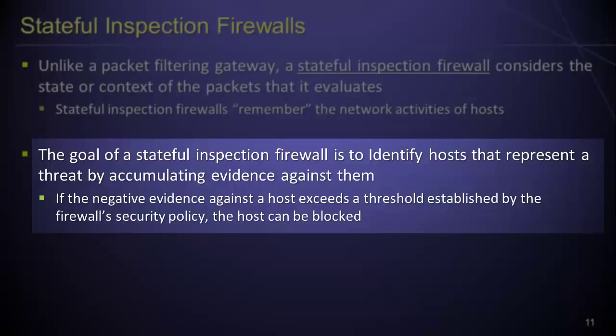If the negative evidence that has been accumulated against a particular host exceeds a threshold that has been established by the firewall's security policy, then the stateful inspection firewall may block all traffic directed to or from the offending host.